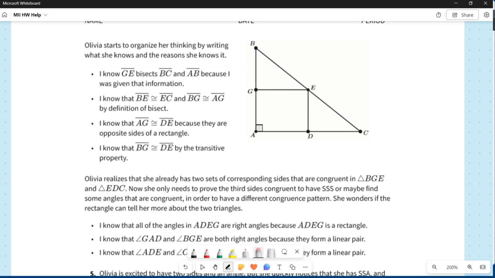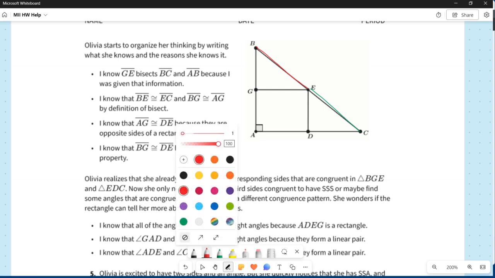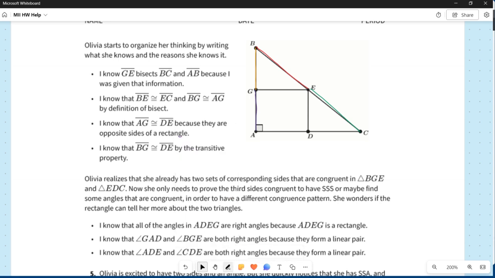All right. Olivia also knows that BE, which is this piece right here, is congruent to EC, which is this piece right here, and BG, which is this piece right here, is congruent to AG, which is this piece right here, by the definition of bisecting.